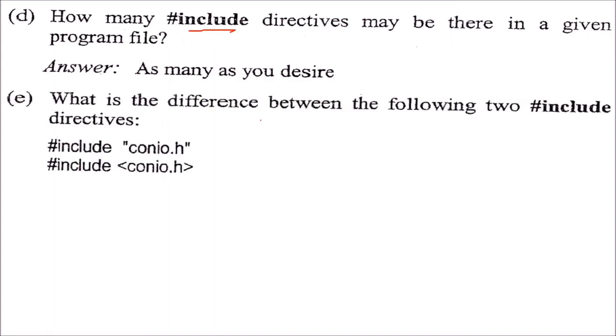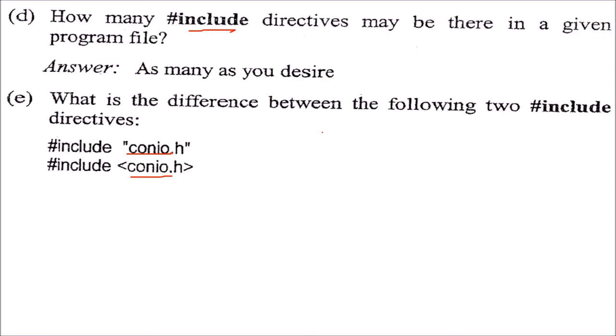What is the difference between the following two hash include directives? In fact, whether it is conio.h or any .h file you include, with double quotes or angle brackets, in your compiler, say the IDE, you have a directory. You provide a specific directory.